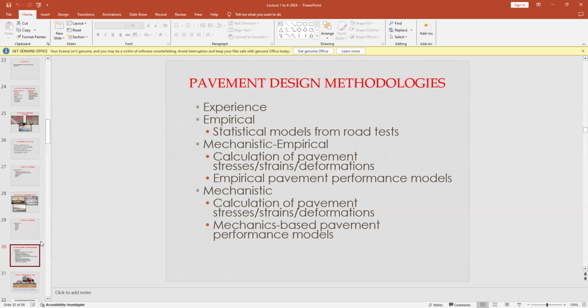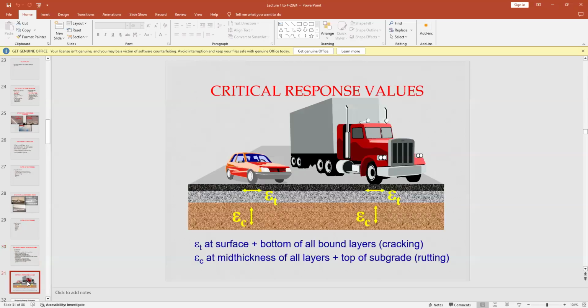You already have designed the pavement, and you test that pavement for stress and strain. So we see this is the mechanistic form. And now we have only mechanistic, in which we use solely the pavement stresses and strains and see what their limits are. So we stop here and then we'll continue after the break.